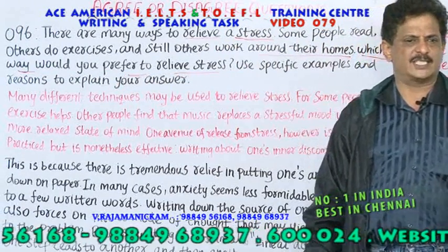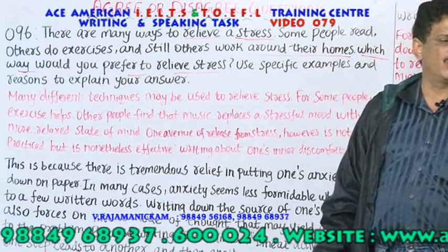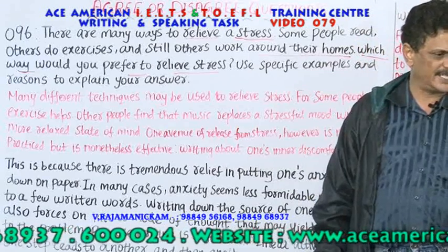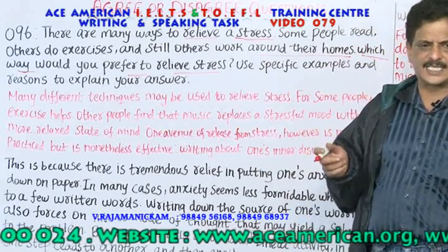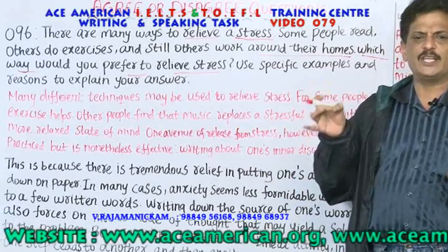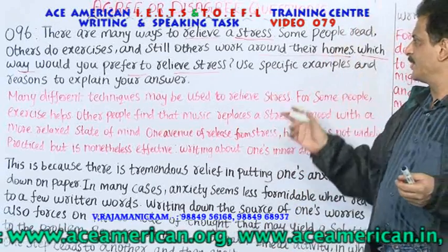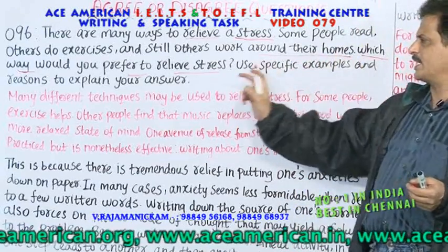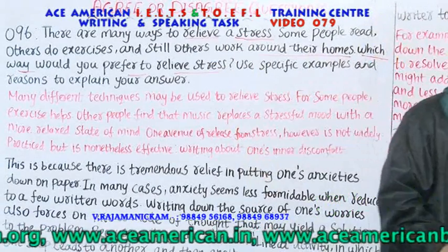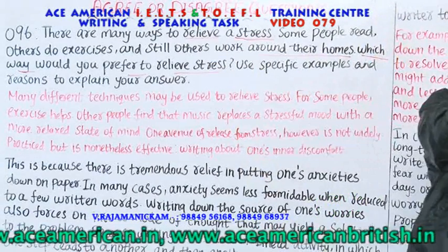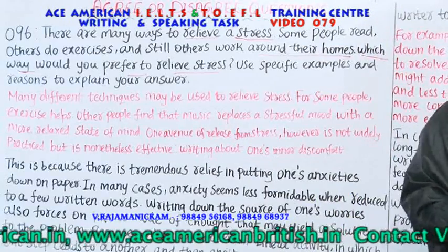To get away from stress, what is the way which you are going to adopt? Able to understand? Daily there is stress. So in what way are you going to relieve the stress? You have to use specific examples and reasons to explain your answer.